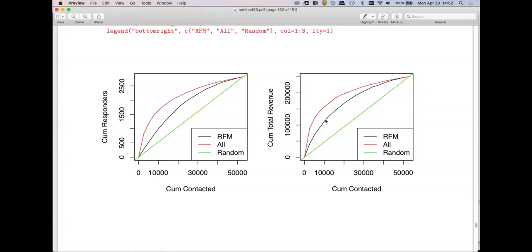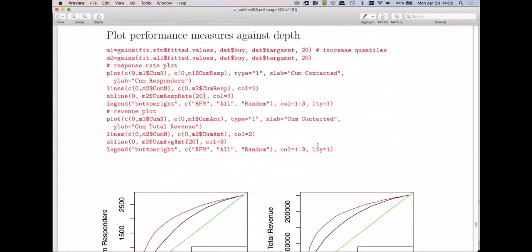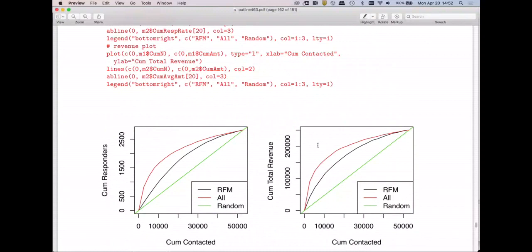So when I said, in comparing models, we want to use these cumulative amounts or cumulative response rates, that's what these graphs are showing. Just to mention, in practice, you're going to have a lot of decisions to make, like do I use a logistic regression or do I use a neural network? Well, you would create graphs like this and choose the model that's better.